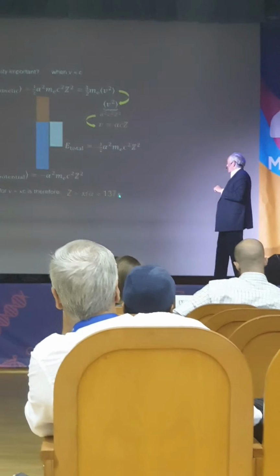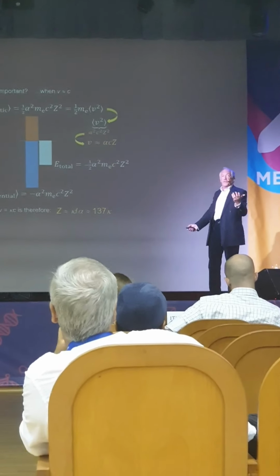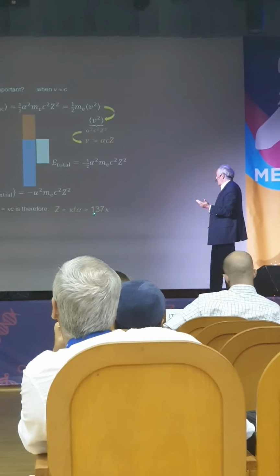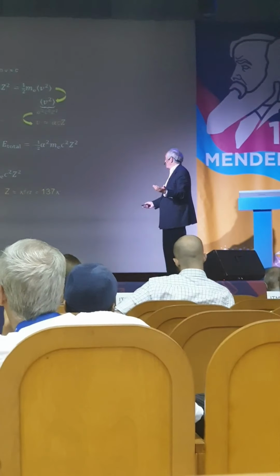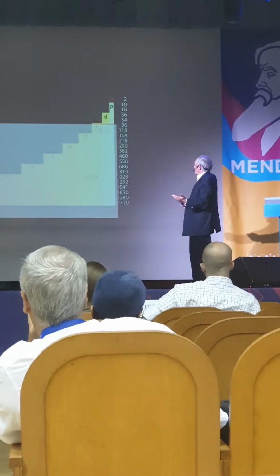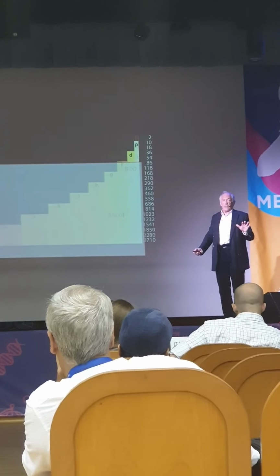And so if we took kappa to be about 1/2, then it means that relativity becomes important at half this 137, which of course is exactly where we find it.